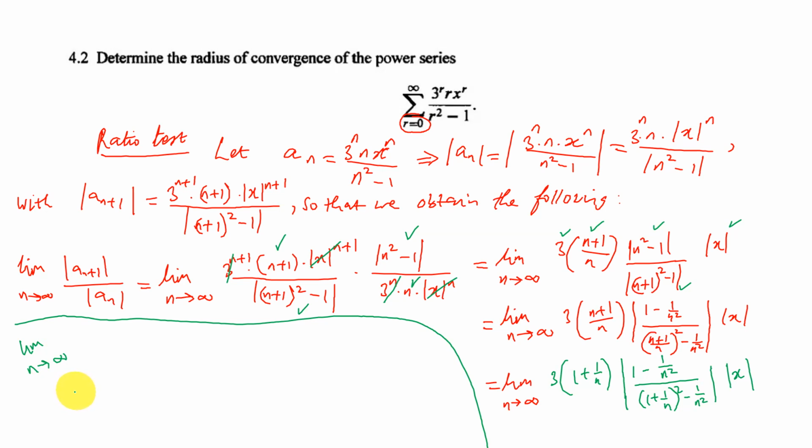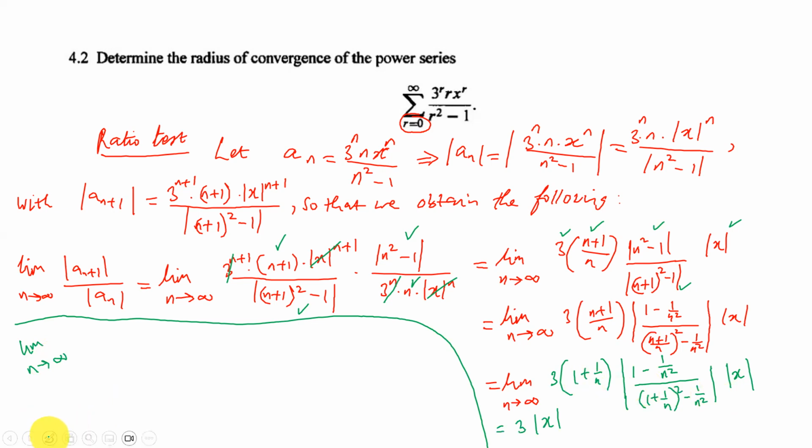It is exactly the same as 3 into the modulus of x, because this is going to be 1, and this is going to be 1 over 1. So it's 3 times 1 times the modulus of x. So the answer is 3 into the modulus of x.